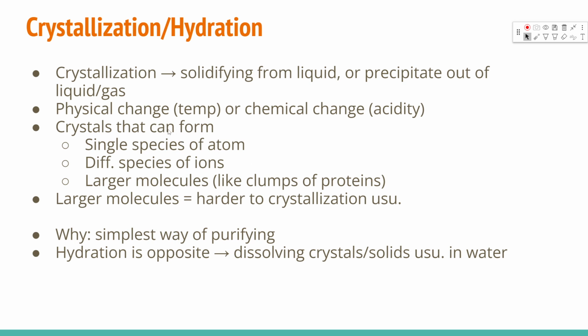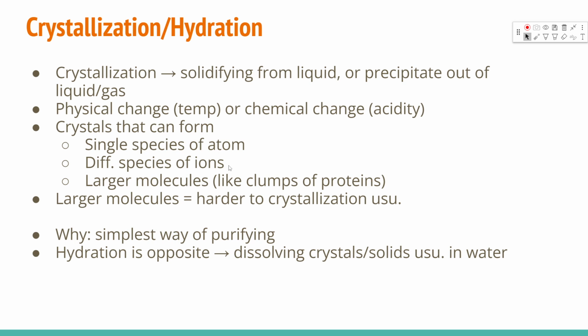Crystals can be formed in different ways. So we have single species of atoms, meaning I only have one type of atom in it, or molecule, I guess. It really depends on what I'm talking about. For example, if I'm trying to get just sodium, I can do that by forming crystals, though maybe not sodium as a good example, but in general. And then I could do different species of ions.